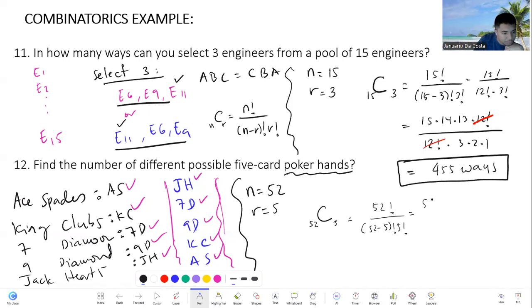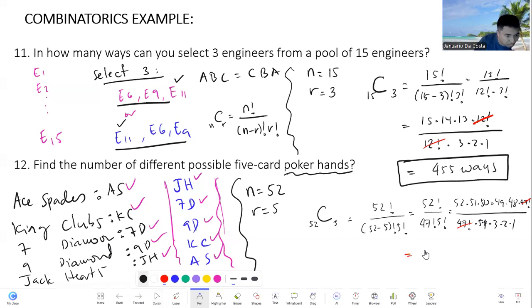So you have 52 factorial over 47 factorial and 5 factorial. You have 52 times 51 times 50 times 49 times 48 times 47 factorial, divided by 47 factorial times 5 times 4 times 3 times 2 times 1. And then you just simply cancel the 47 out.